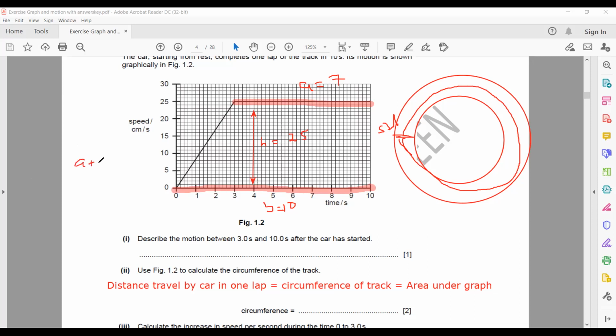So it will be (a plus b) multiplied by h, divided by 2. So it will be 7 plus 10, 17, multiplied by 25 and divided by 2.